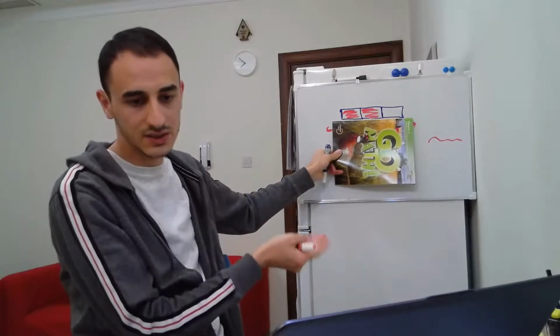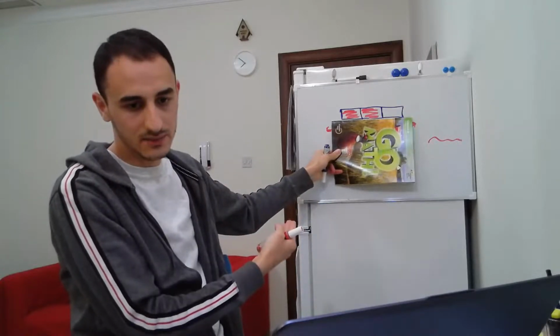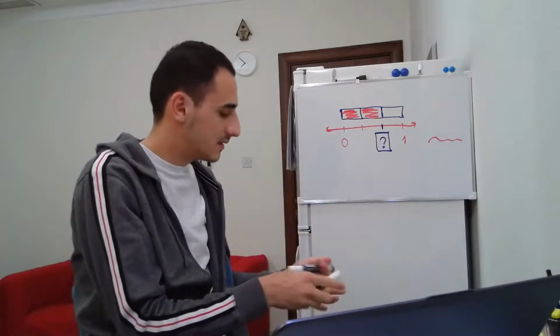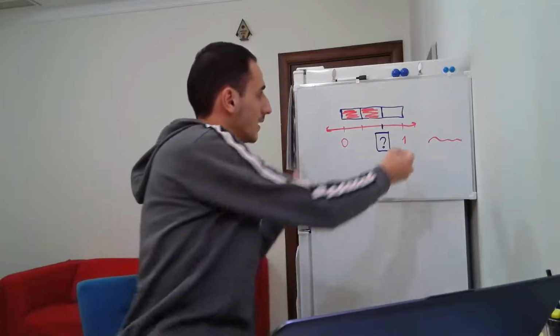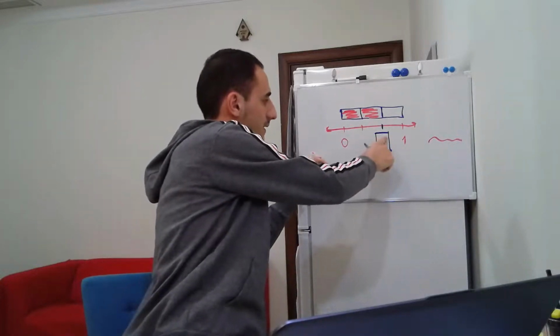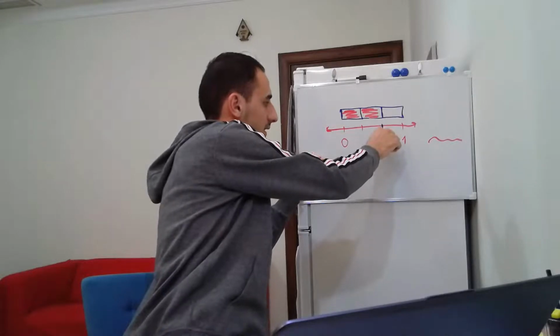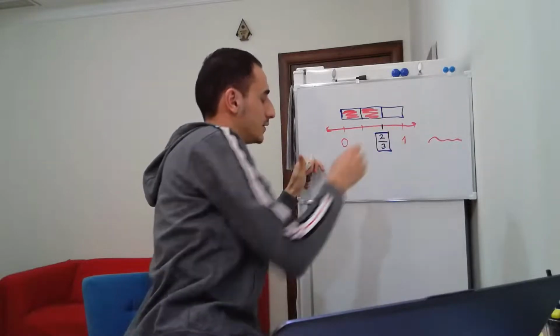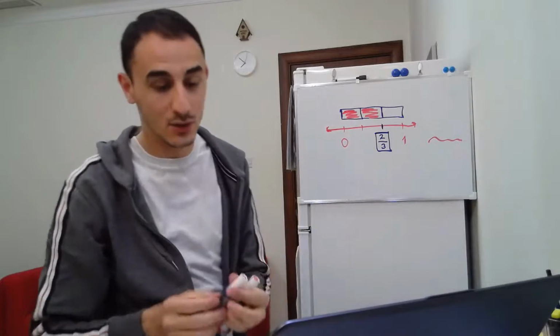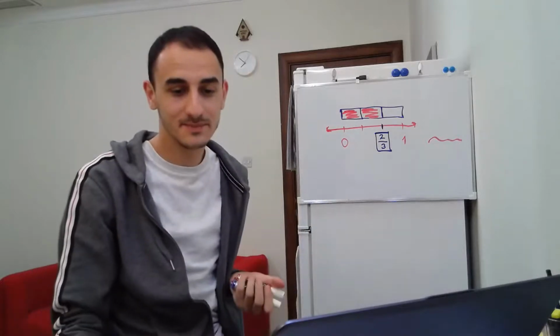Because the total is 3 sections and two of them are shaded. So this missing fraction is 2 out of 3.